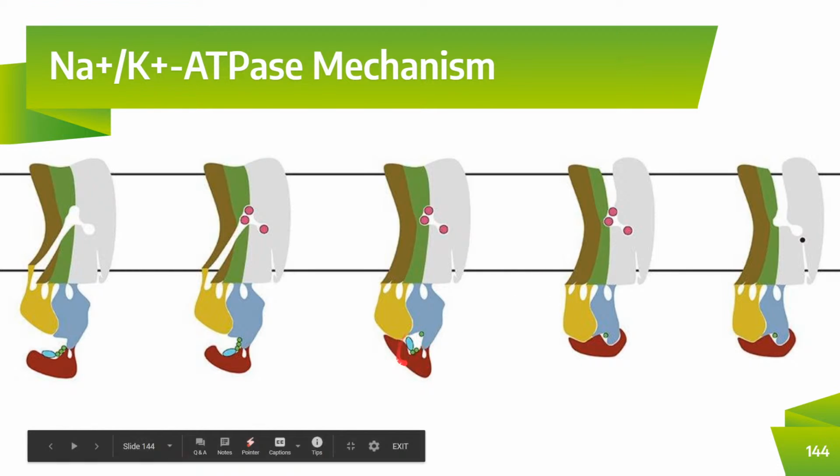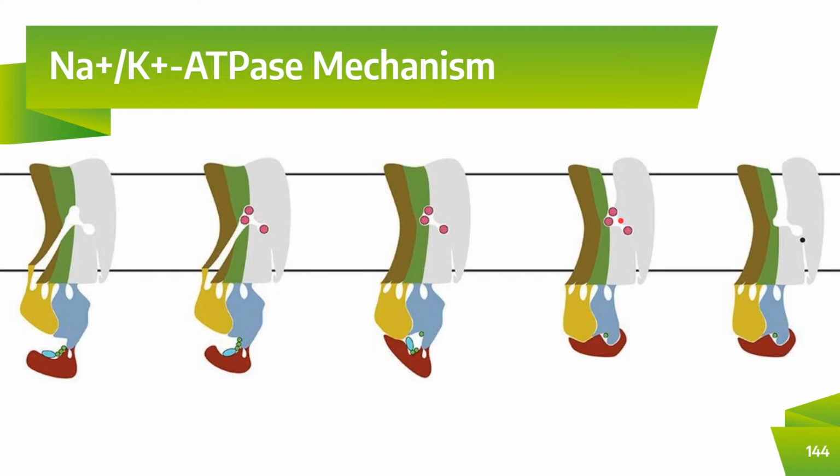Then the ADP goes out and the phosphorylated glutamate stays there, of course. And that leads to another conformational change, which opens up the tunnel, which I just showed on the other slide, to let the sodium out into the outside of the cell.